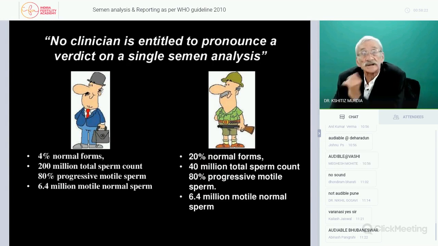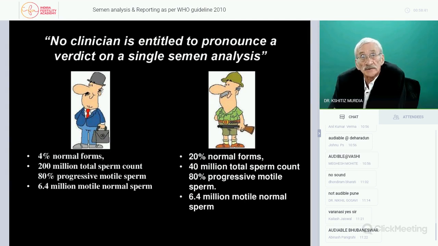This is an important slide that I want to stress. No clinician is entitled to pronounce a verdict on a single semen analysis or sample. Take these two people. The one has 4% normal sperm, the other one has 20%.